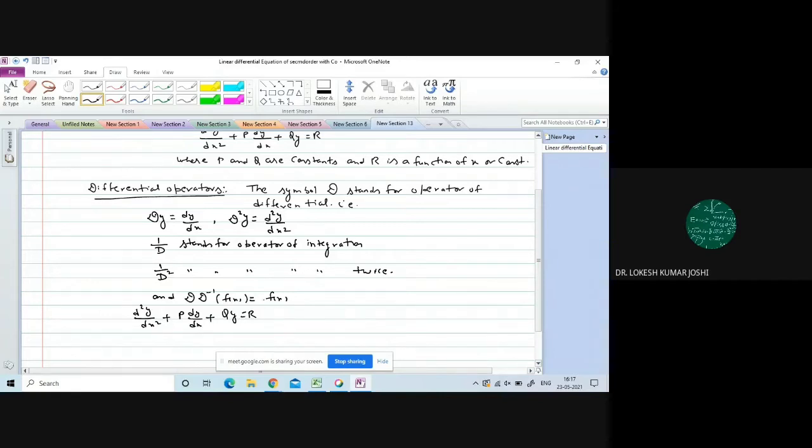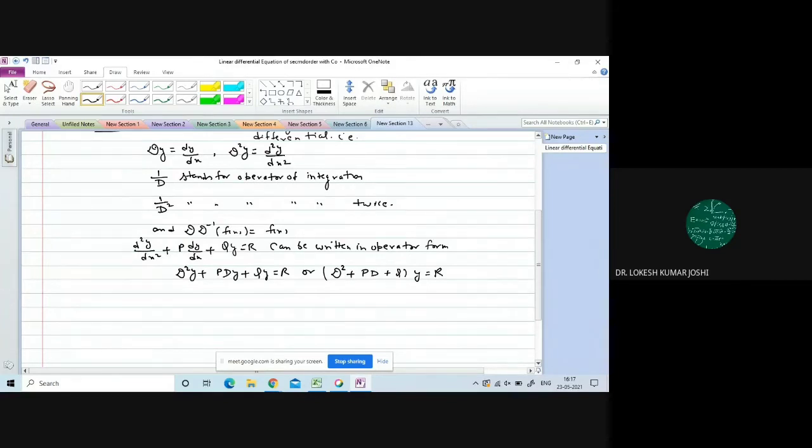It can be written in operator form like this: D2y plus pDy plus qy equals r, or in a simple manner we write it (D square plus pD plus q)y equals r.